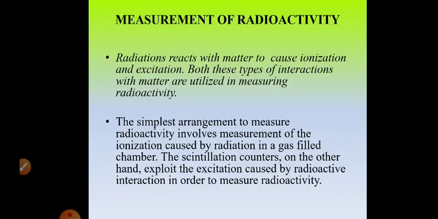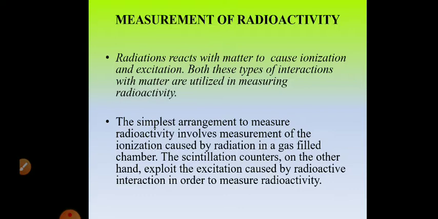So how do we measure radioactivity? Radiations react with matter to cause ionization and excitation. Both these types of interaction are utilized in measuring radioactivity. The simplest arrangement involves measurement of the ionization caused by radiation in a gas filled chamber.